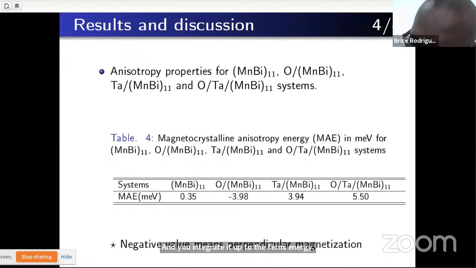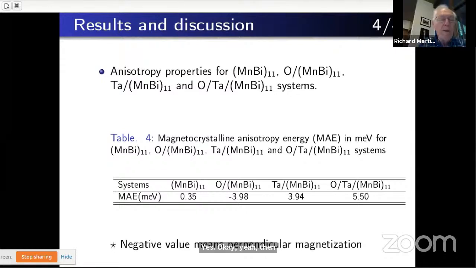Yes. Then if I understand right, what you did was to do a calculation with a charge density that was derived from one calculation, and then use the same charge density to get that energy difference. Is that correct?